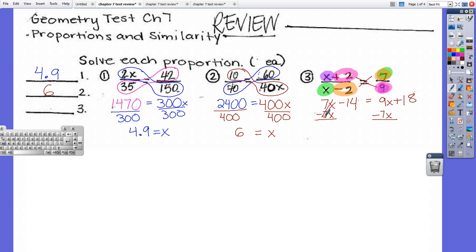I get negative 14 equals 2x plus 18. And I want to get this number here moved over to the other side. That way I'm left with just x's on this side, so I'm going to subtract 18. This gives me negative 32 equals 2x, because that cancels out. I'm going to divide by 2. I get negative 16 equals x. So this is negative 16. Easy as pie. Next page.